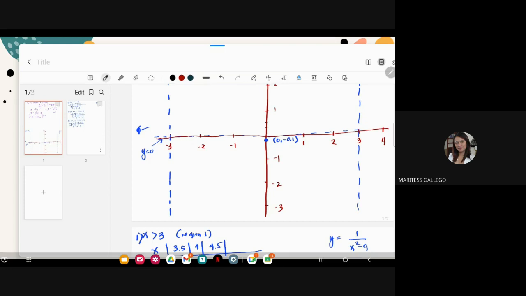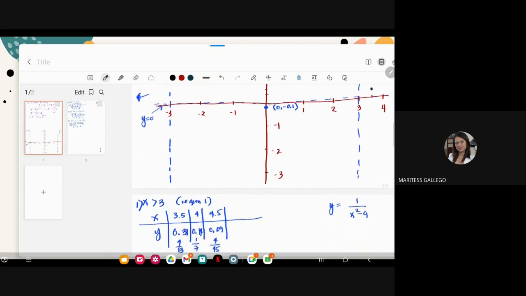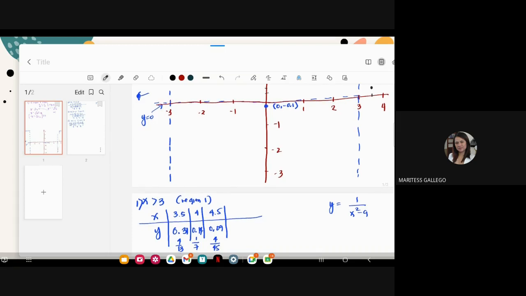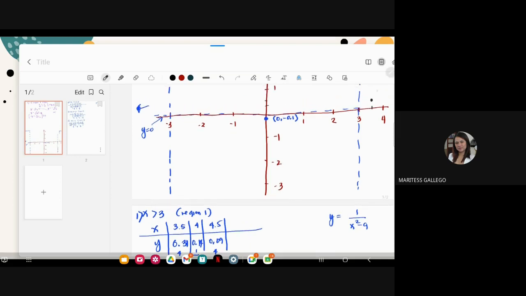Ito, approximation 0.3. Ito naman si 3.5, so nandito siya. Okay? And then we have positive 4. Ano ang y value niya? Pag positive 4, 1 over 7. So that is 0.1. Okay, so ibig sabihin nandito lang siya.